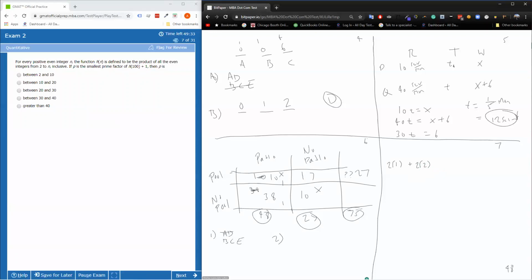So it's the second even number, third even number, all the way up to the 50th. So the 50th even number. The smallest prime factor. So this is going to be 2 times factor 1 plus 2.